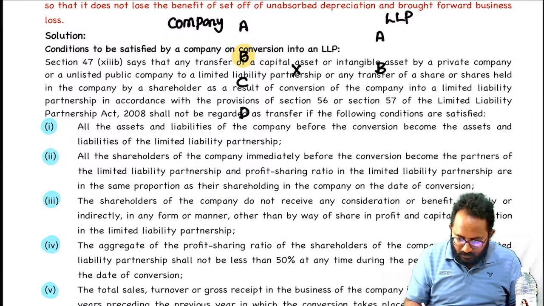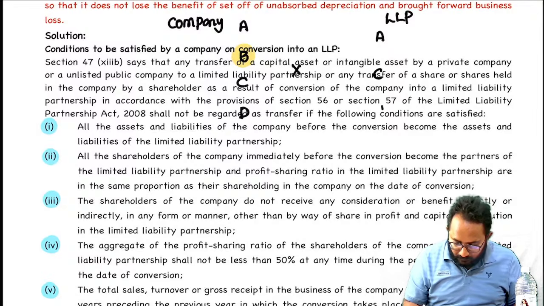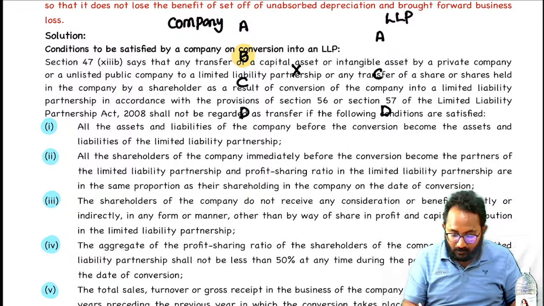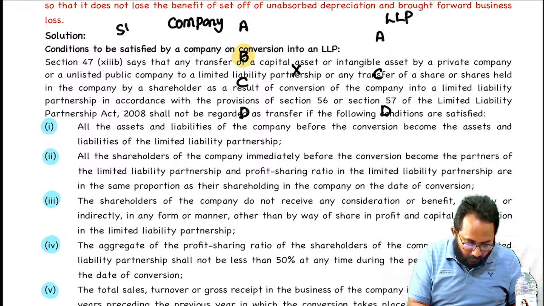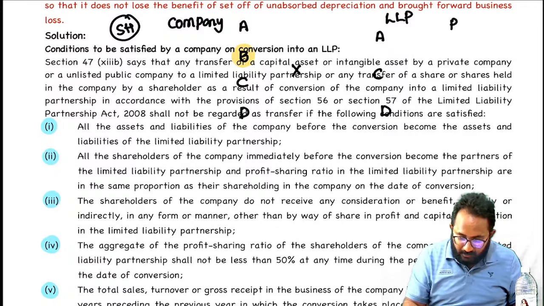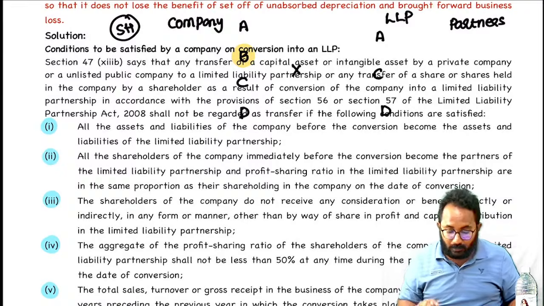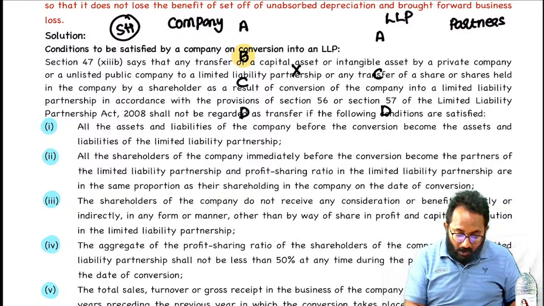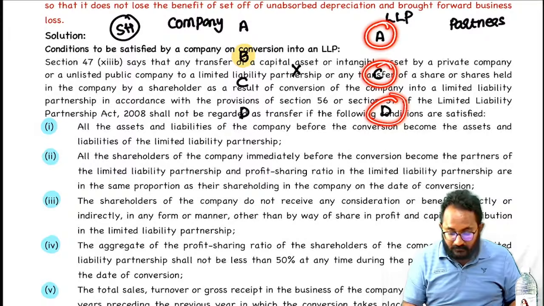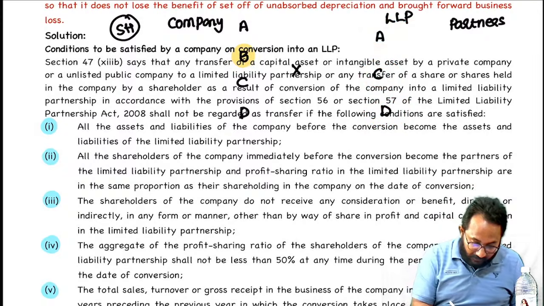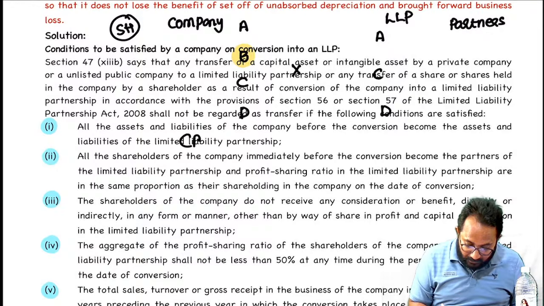A, C, D. Now tell me, how many become the partners? The shareholders in the company required to become the partners, how many? 3 only. And one more thing, all these 3 are getting the share in the LLP, but he will get what? Cash also. Consequently, who is required to pay the capital gain tax?